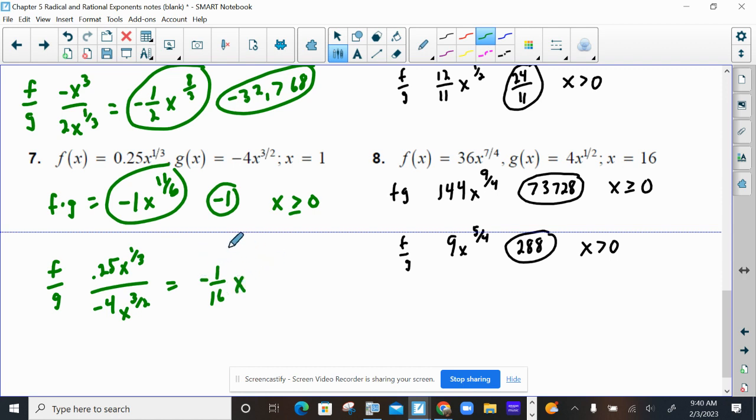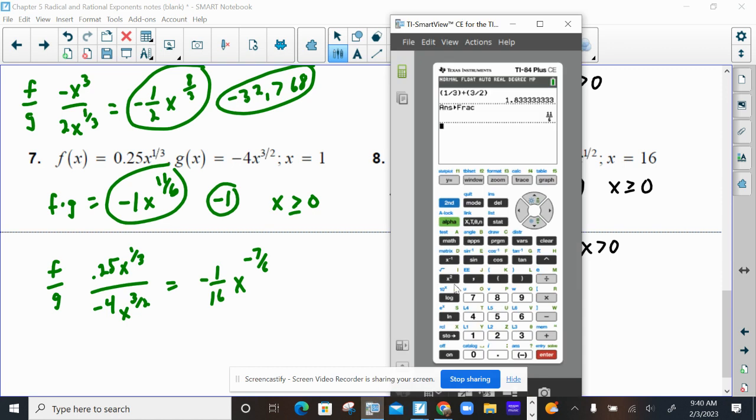And then we subtract our exponents. 1/3 minus 2/3 is going to be negative 7/6. Okay, let me quickly show that on the calculator again. You take the exponent up top. Okay, so you're going to practice this in Big Ideas, minus the exponent in the bottom. And again, you'll get a decimal, math, enter, and you're going to see why it's negative 1/6.